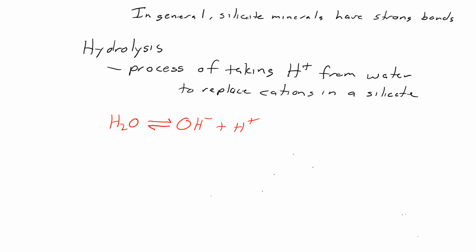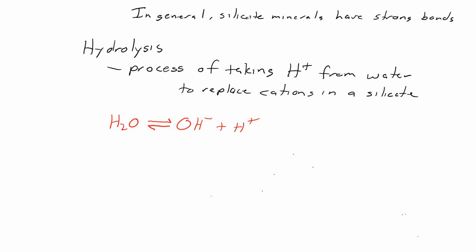Now these two species, OH minus and H plus, have charges. And nature seeks to reduce charges. So what typically happens is they recombine to form H2O. And then H2O collides with another H2O and it breaks apart into OH minus and H plus. And then these recombine, and this is a constant process of water molecules breaking apart.